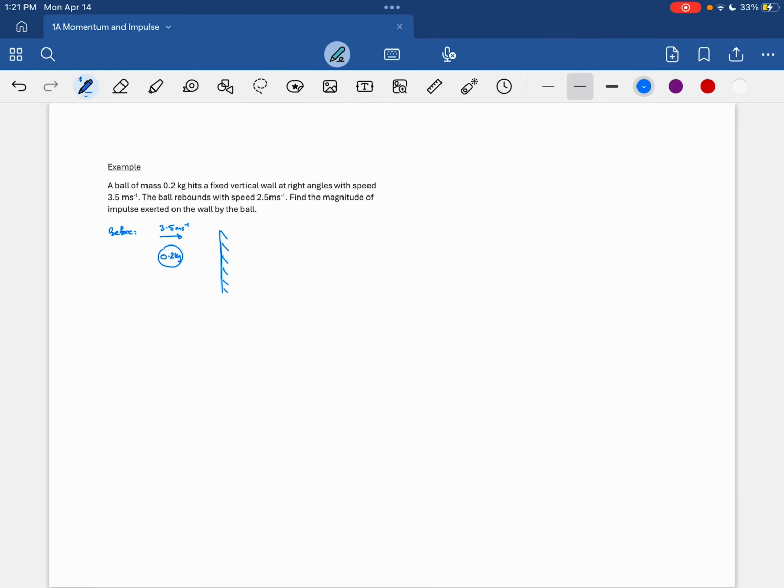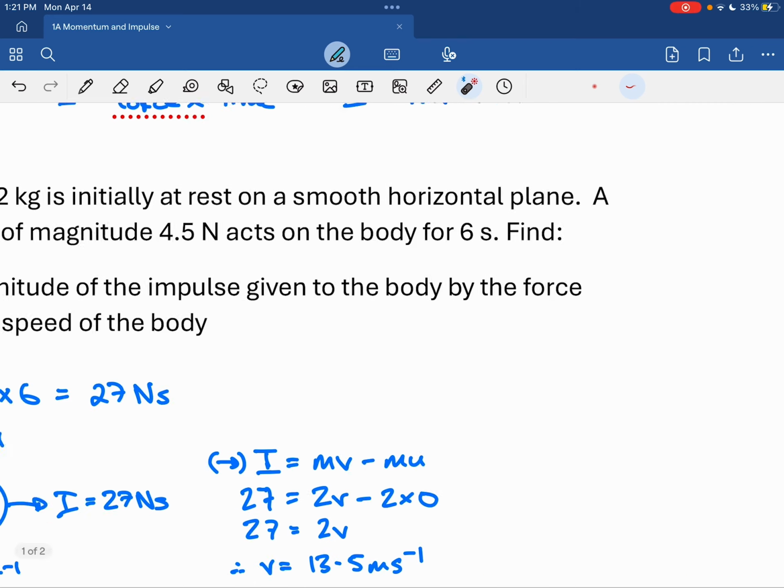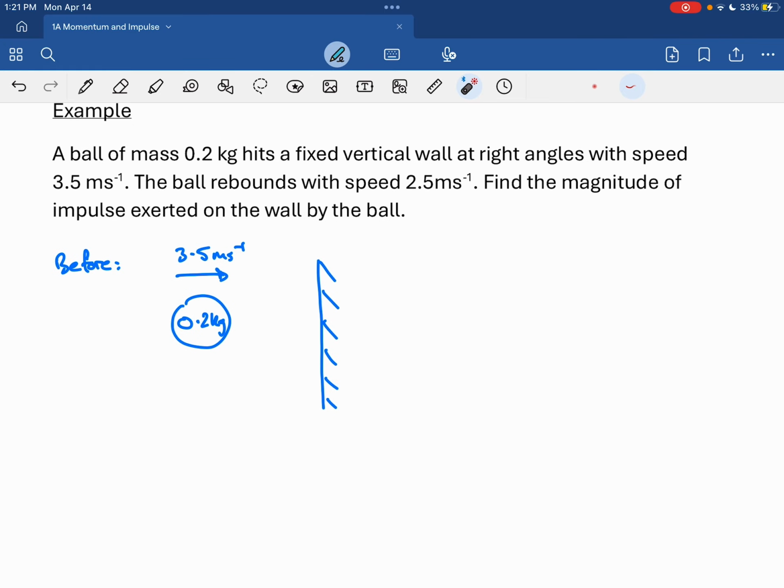I did that in the previous example for clarifying. This here was the before, this here was the after. And so it hits it with 3.5 meters per second, and we know it rebounds at a speed of 2.5 meters per second, so we know it goes backwards now, back off the wall. And we're being asked to find the magnitude of the impulse exerted on the wall by the ball.